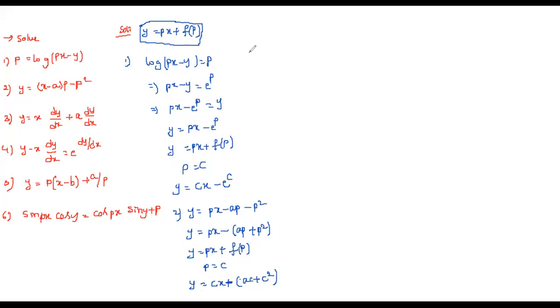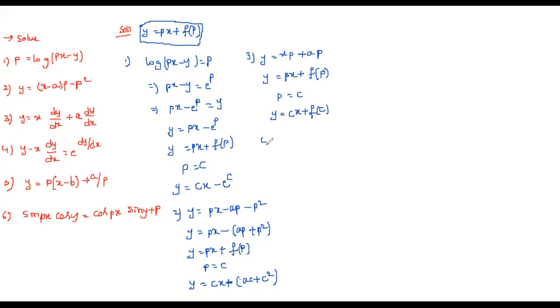And now coming to the third one. So third one, y is equal to x into dy by dx, plus a into dy by dx, is nothing but simply p x plus a p. Is this directly in the form of this one or not? y is equal to px plus f of p. Substitute c in place of p. So p is equal to c, then y is equal to cx plus f of c. That is the general solution.